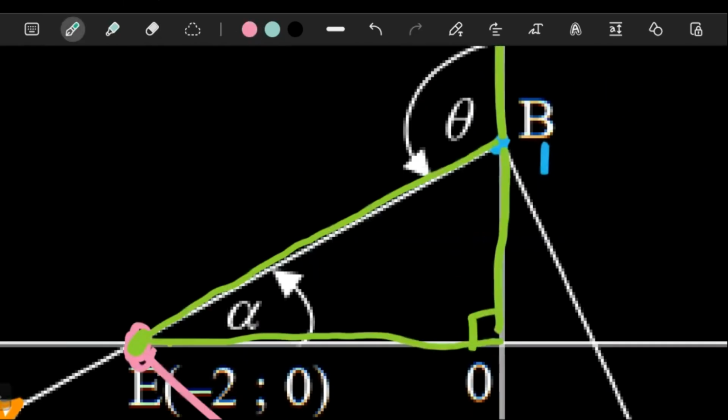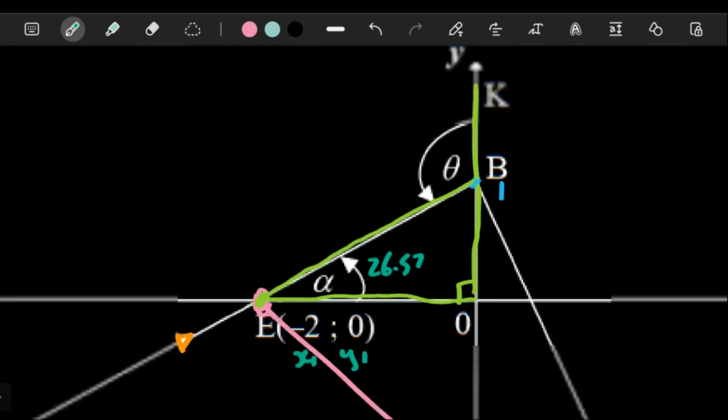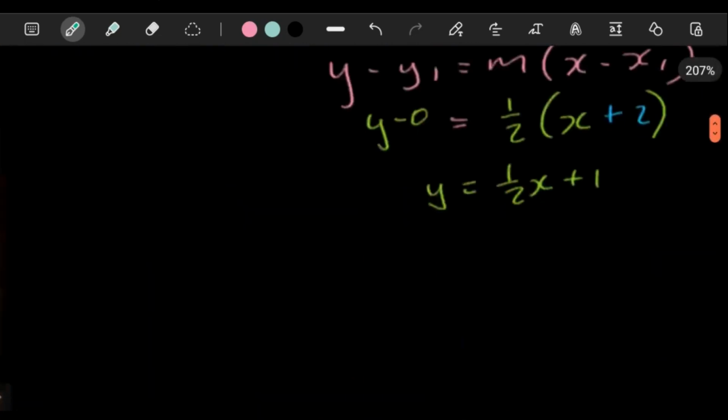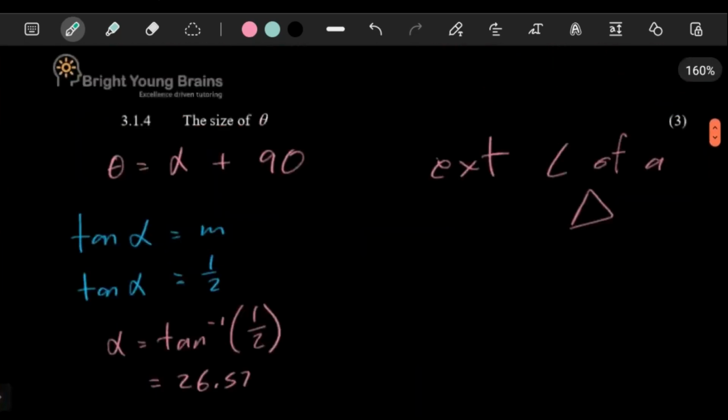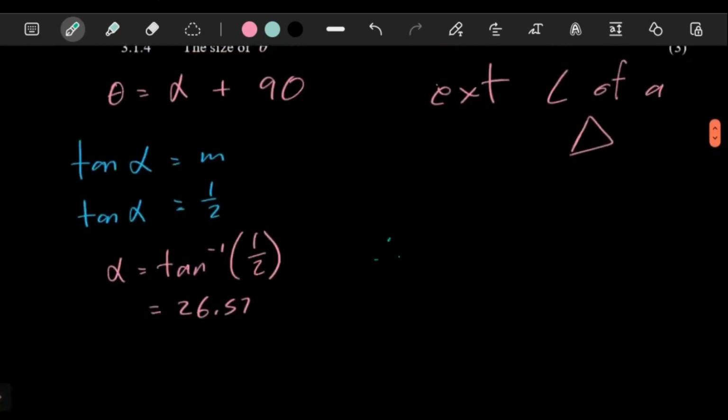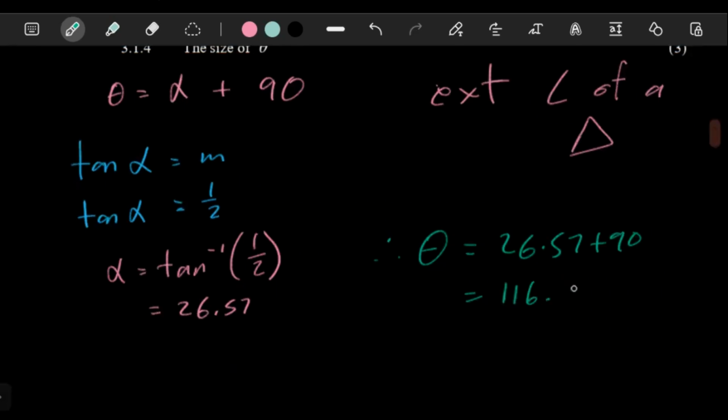So here you can say, therefore, theta, and they're giving us only 3 marks because this is not a difficult question. Theta is going to be equal to 26.57 plus the 90. And there we go. These questions just look so familiar. It is what it is. Let's just keep moving forward.